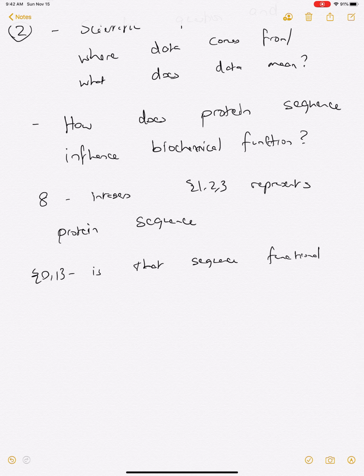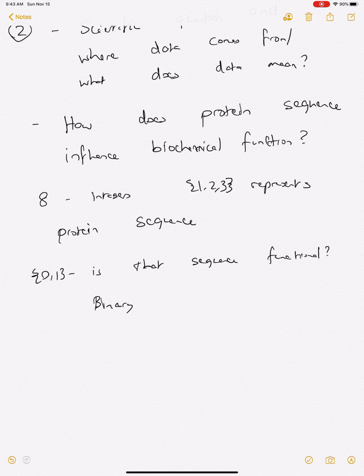In practice and in reality, functionality may not necessarily be a binary thing, but in discussions with my collaborator, they have a pretty clear threshold as to when a sequence is functional or not. You should take a quick look at the data to see what I'm describing here.